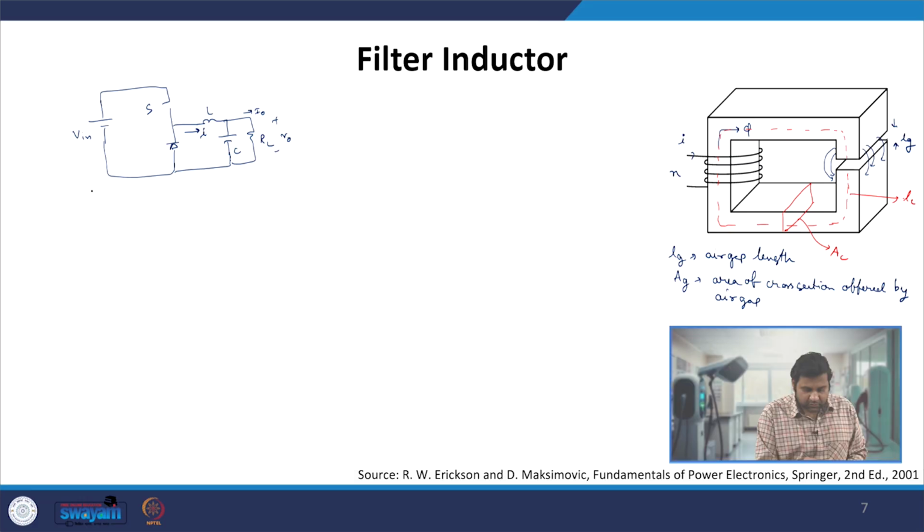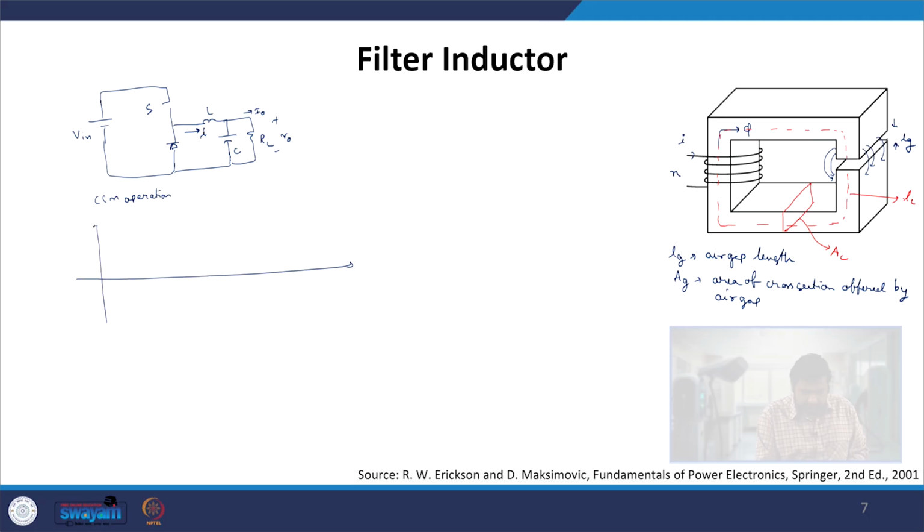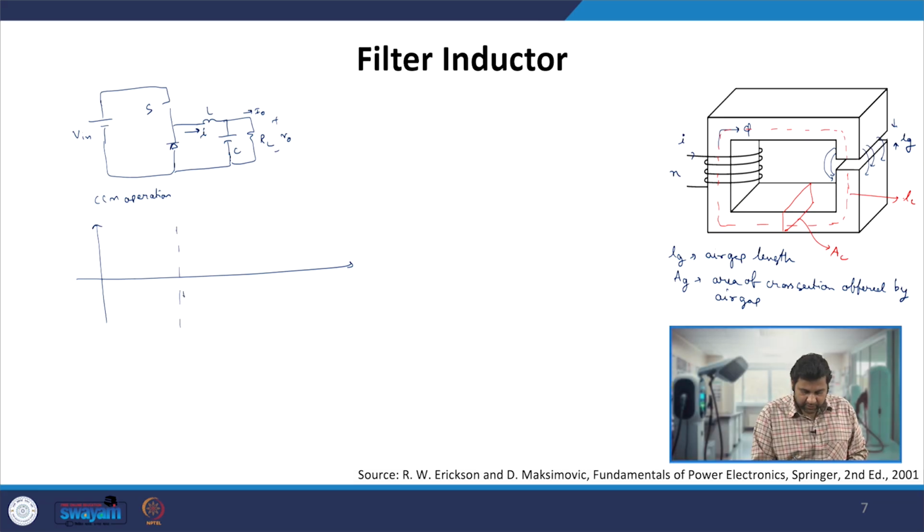now if we assume a CCM operation, continuous conduction mode, that is when we can say my inductor current, when my switch S is on, that means for the dTs period, up to Ts period, when my switch S is on, my voltage across the inductor is V in minus V naught, and that is when the inductor current will rise, because we know that V in is greater than V naught as it is a buck converter.